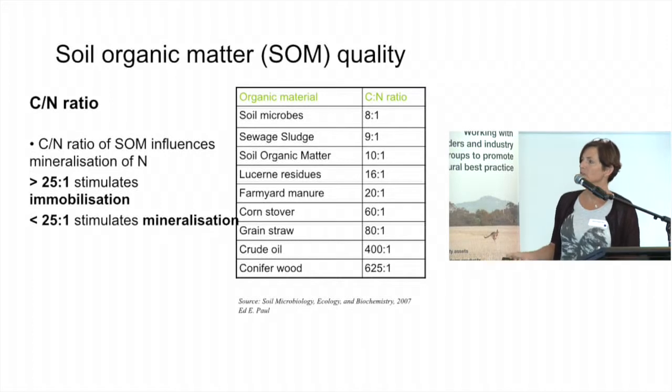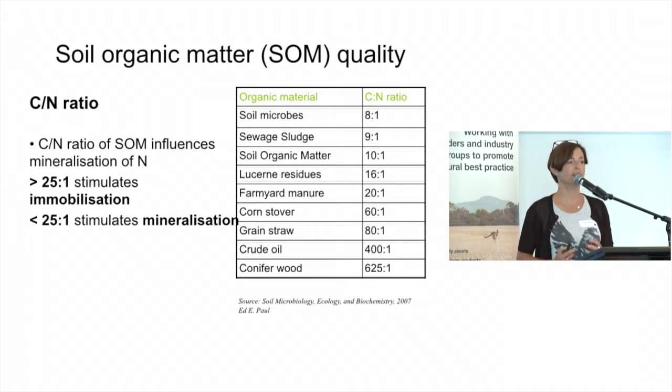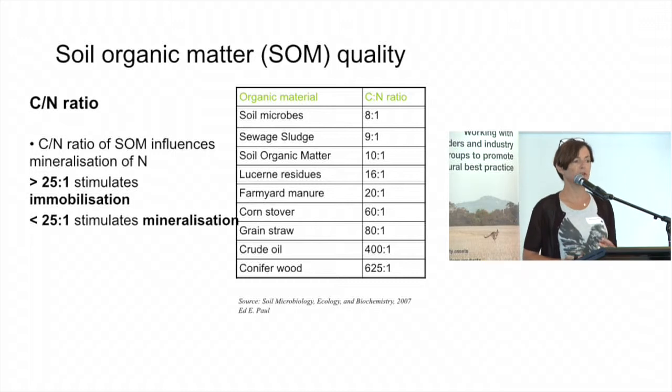The higher the C to N ratio, the more you will find a tie-up, where the microbes will pull the nitrogen back into their cells and not have it released. So all of these things have various C to N ratios, and the general rule of thumb is that anything with a C to N ratio of 25 to 1 or greater will stimulate tie-up of nitrogen by the microbial community, because they get first dibs at it.